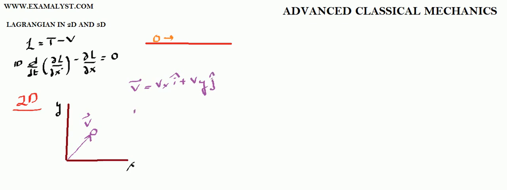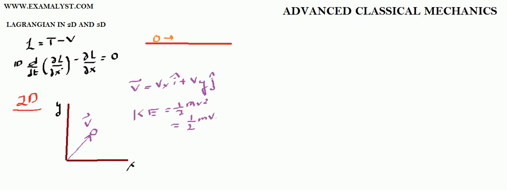Similarly, if you calculate the kinetic energy, it is half m v square. So for this object, the kinetic energy will have 2 terms.